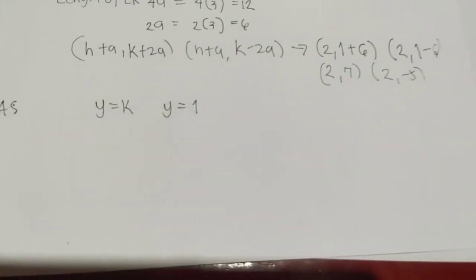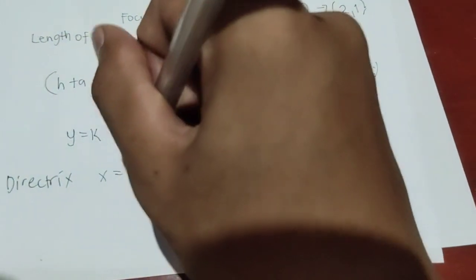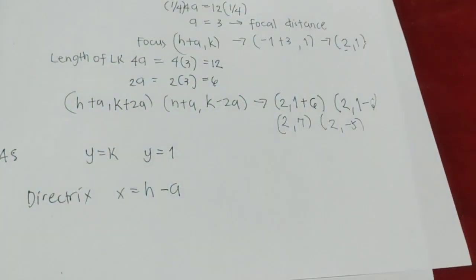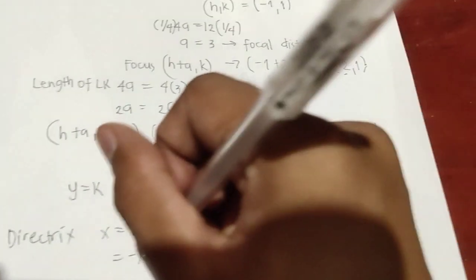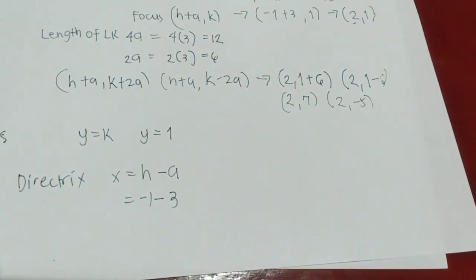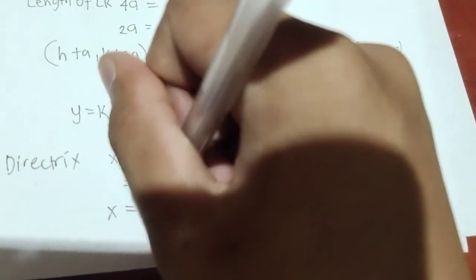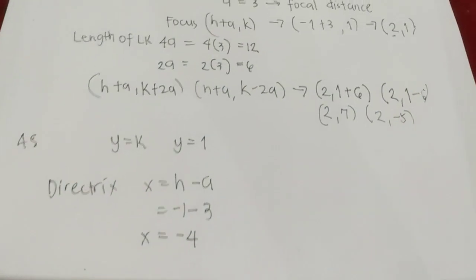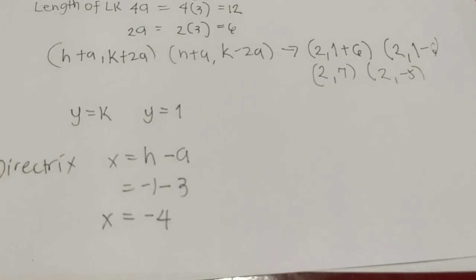And the directrix of the parabola that opens to the right is x is equal to h minus a. So our h here is negative 1, and our a here is 3. So we have negative 1 minus 3, which is negative 4. So our line of directrix is x is equal to negative 4.